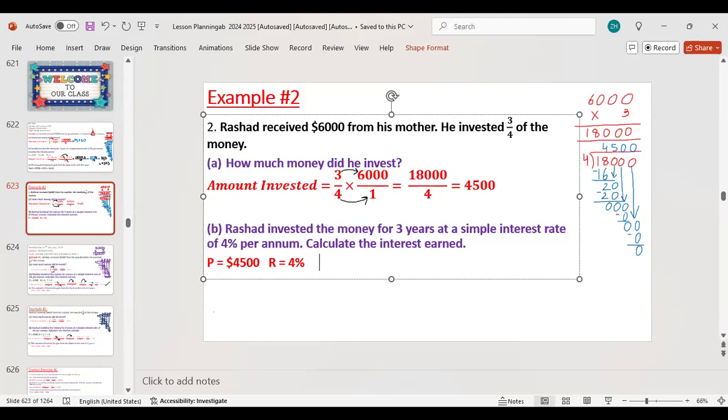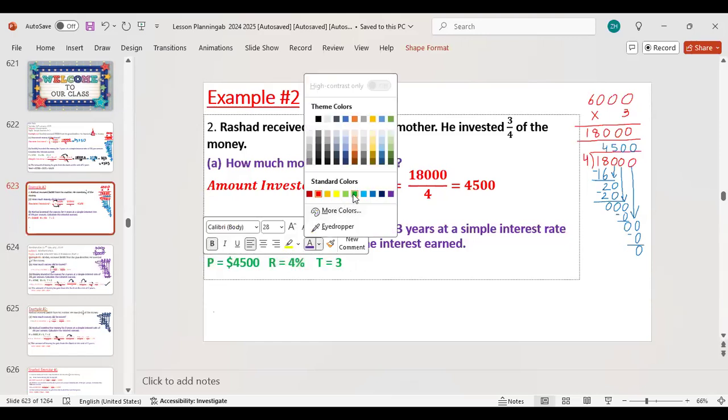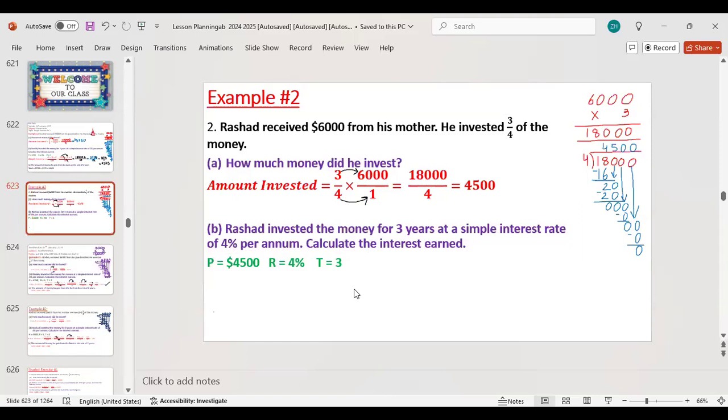Very good. And what is the time? 3 years. Very good. So the principal is 4,500, the rate is 4%, and the time is going to be 3 years. Remember, time is always measured in years.